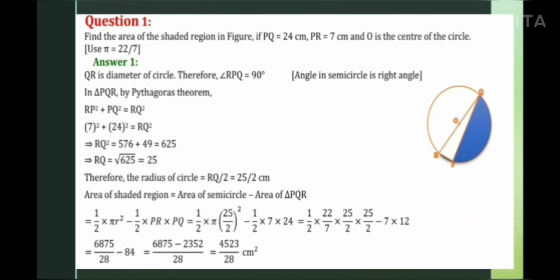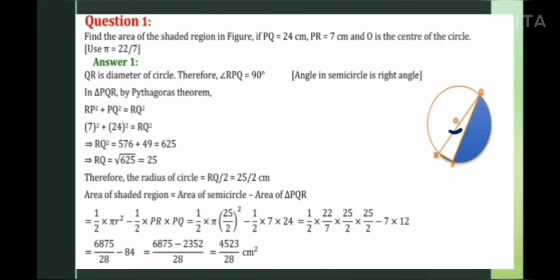So you can easily find the hypotenuse by Pythagoras theorem: RP square plus PQ square is equal to RQ square. Put the values of RP and PQ respectively. If you do the calculation, the value of RQ will be 25. That means the diameter becomes 25, so the radius will be 25 by 2 centimeter.